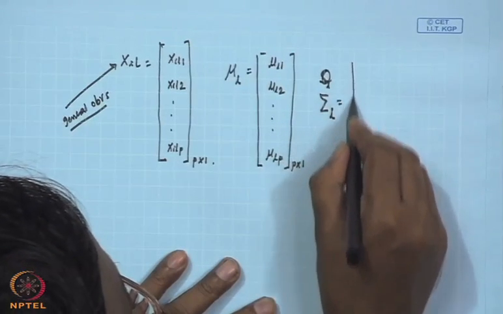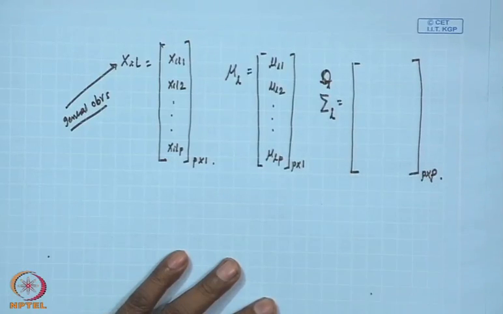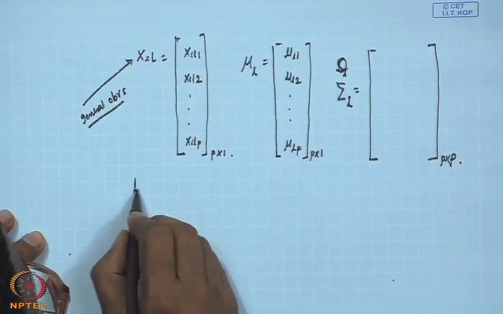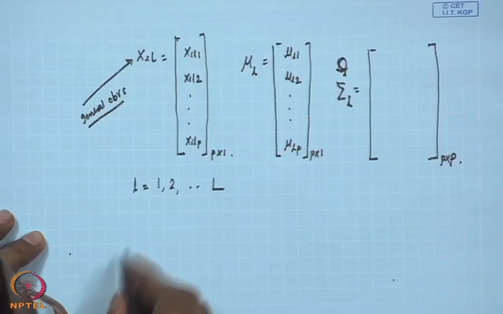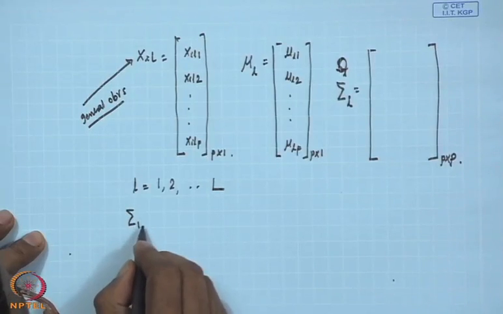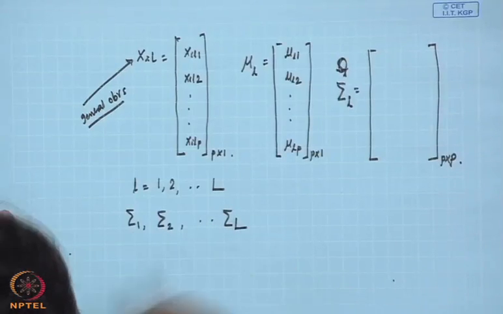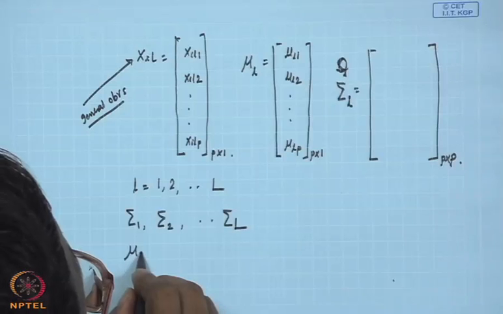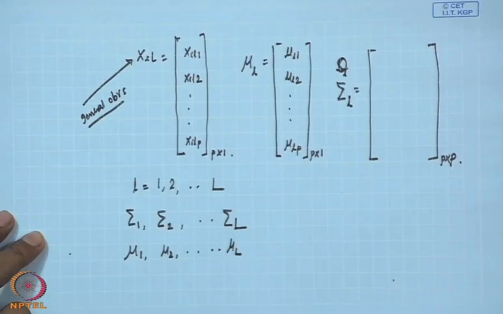This will also be a P cross P matrix. L varies from 1 to capital L, so there will be sigma 1, sigma 2, like this sigma capital L, and similarly mu 1, mu 2, mu capital L.